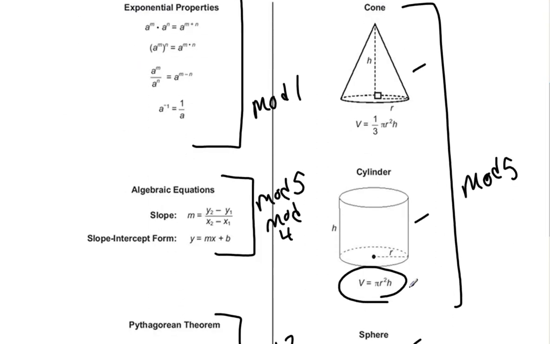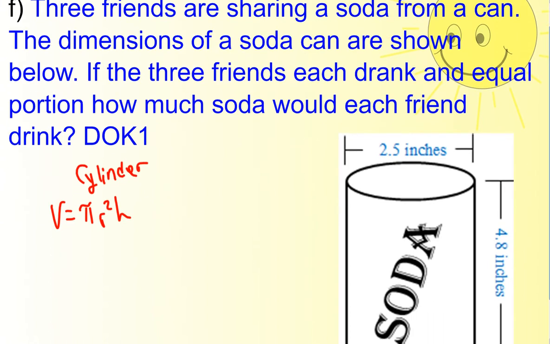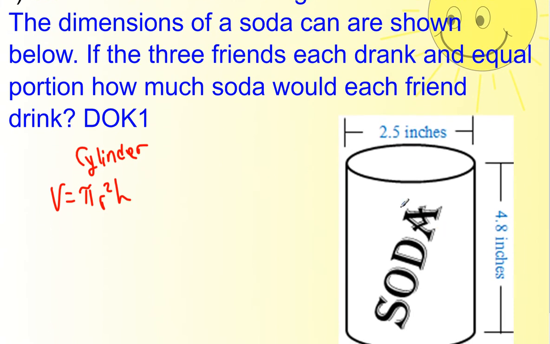Aha, pi r squared h. Okay, so formula. Step 2, substitute. We do not know the volume. We know what pi is. We don't know the radius, but we can find it.